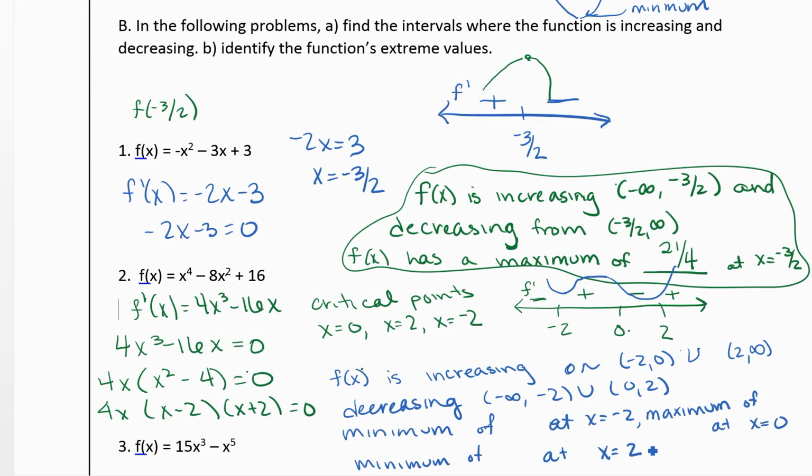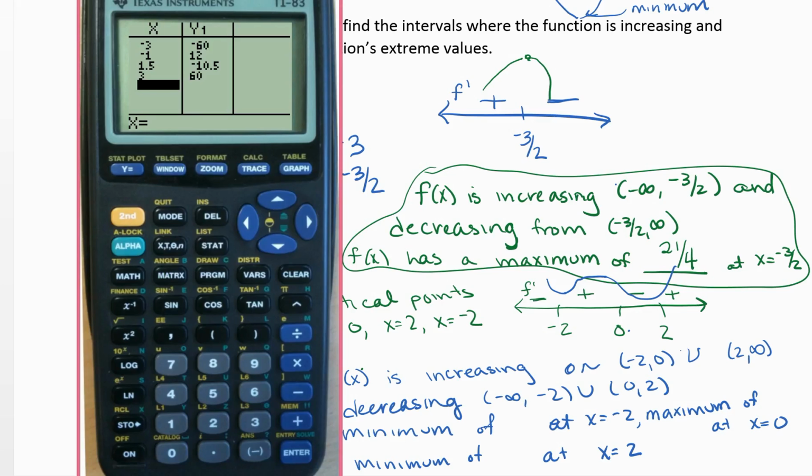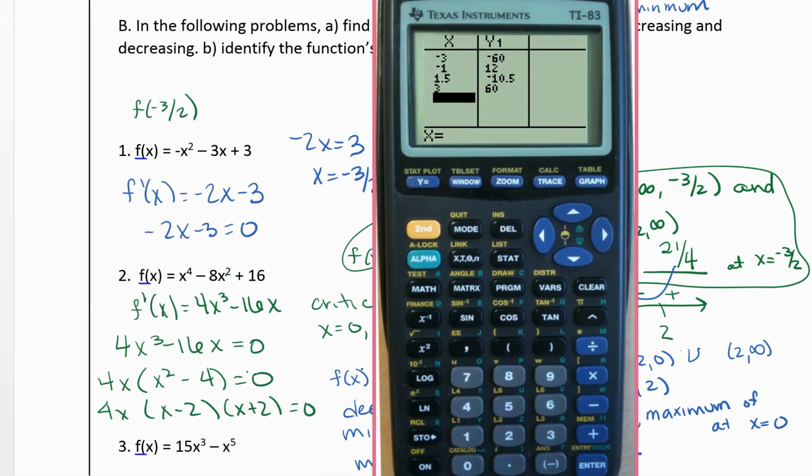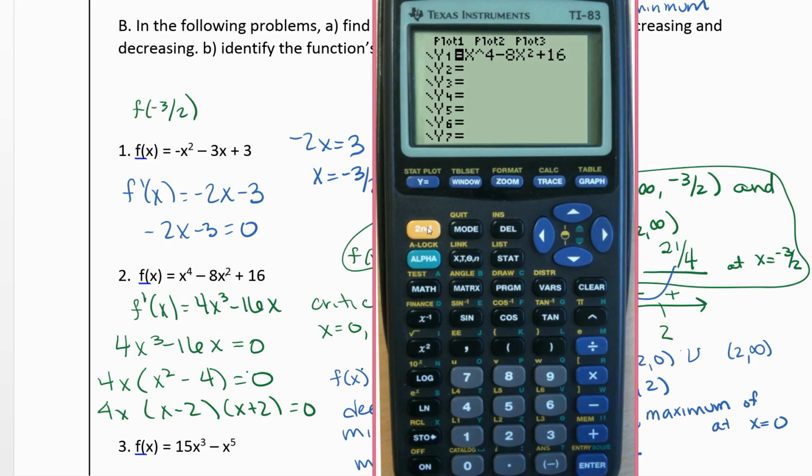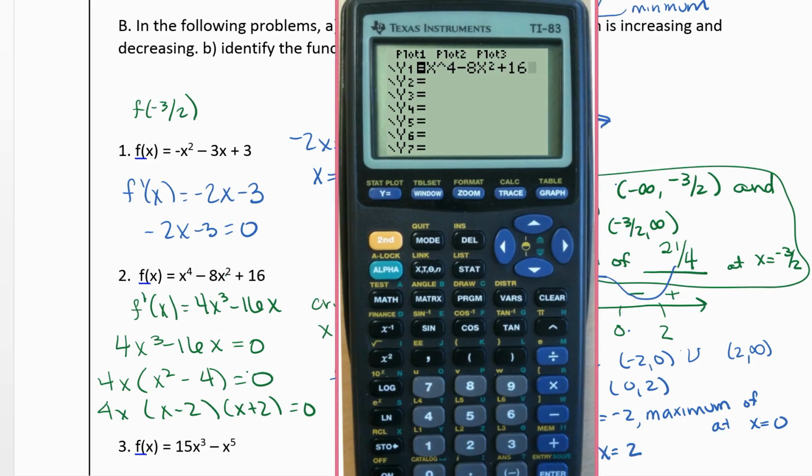Now remember, to get our max and our min values, we're going to go back to our original function, our f of x. These are actually the y values on the graph. So we're going to do x to the 4th minus 8x squared plus 16. Okay, and now we can go to our table.